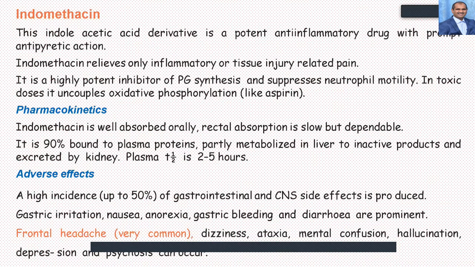It is 90% bound to plasma proteins, partly metabolized in the liver to inactive products and excreted by the kidney in urine. The plasma half-life of indomethacin is just 2 to 5 hours.